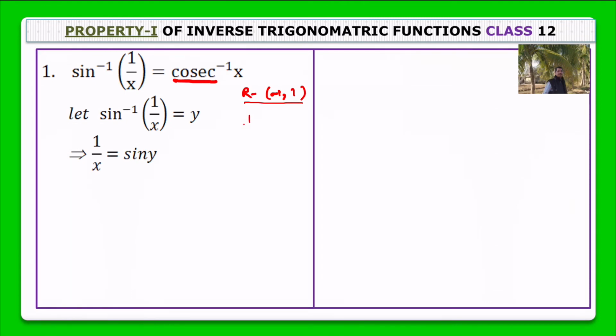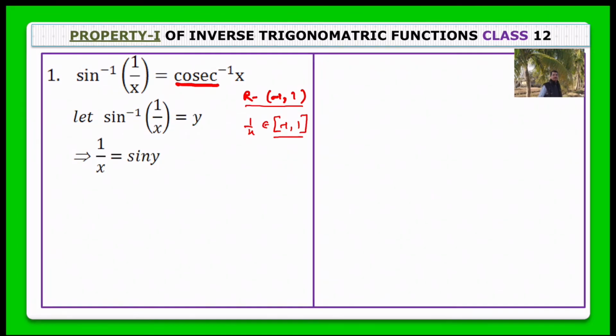So the value of 1 upon x will belong to [-1, 1], the domain of the sin inverse function. So 1 upon x can be written as sin y. Now x will be equal to 1 upon sin y, taking the reciprocal of both sides, or we can write it as x equal to cosec y, because 1 upon sin y is cosec y.